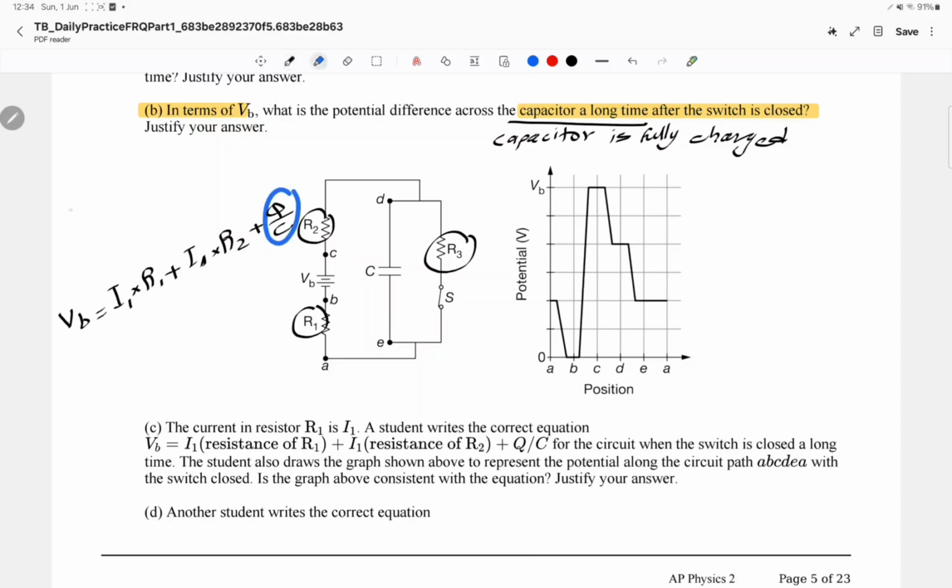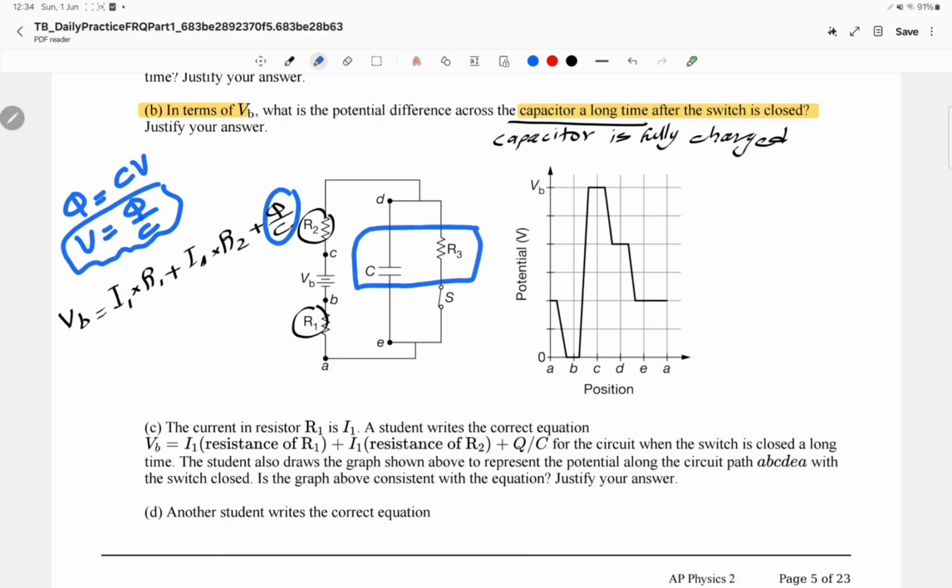So you should know that Q is equal to CV, so V is equal to Q over C. That's the equation for the voltage in a capacitor. So, and we should know that this capacitor here is in parallel with R3. So it's going to have the same voltage as R3. So the V of the capacitor is equal to V in R3.